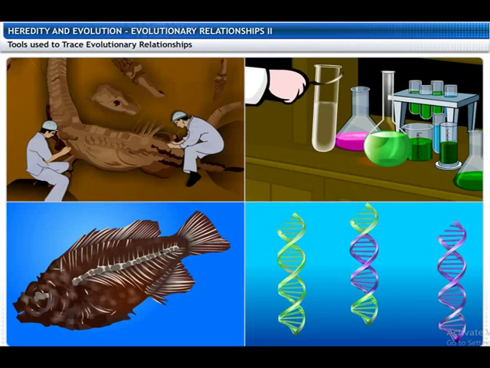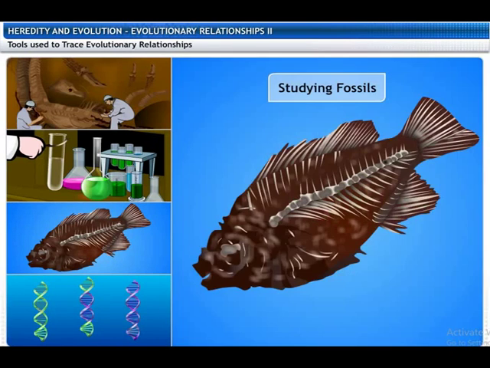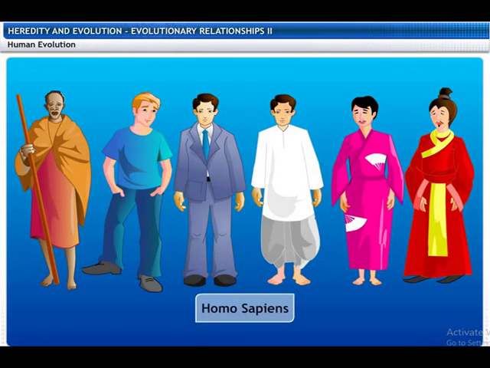The tools for tracing evolutionary relationships, like excavating, time dating, studying fossils, and determining DNA sequences, have been used for studying human evolution. All humans are a single species.